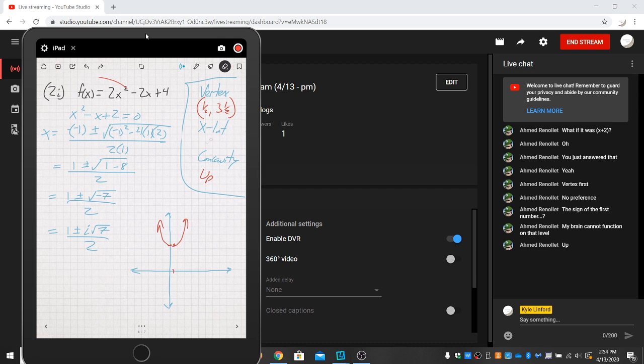What does it now mean that our x-intercepts are complex numbers? What does getting a complex number say about our x-intercepts? What do you think?